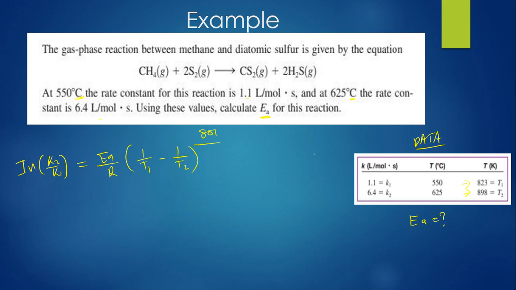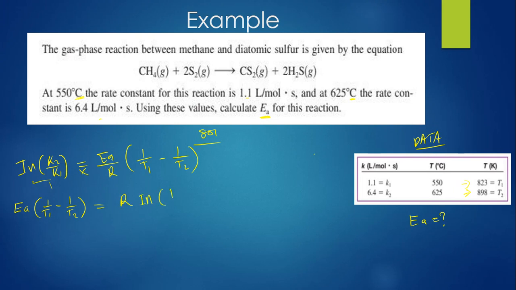And then here, what are you supposed to do? You can make activation energy the subject of the formula. So you can multiply this activation energy times this thing that is in the bracket. When you multiply, you're going to have activation energy times 1 over T1 minus 1 over T2 is equal to R times ln K2 over K1.